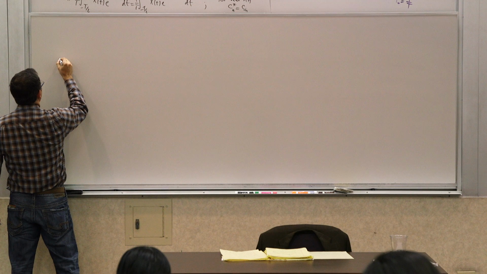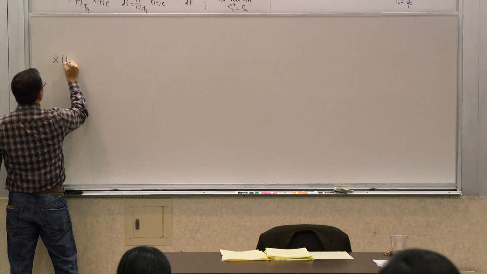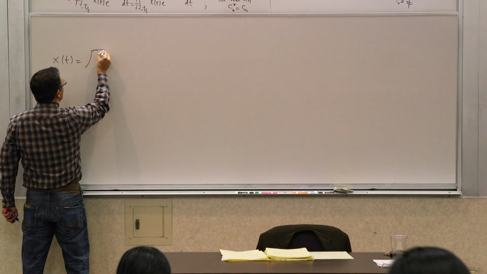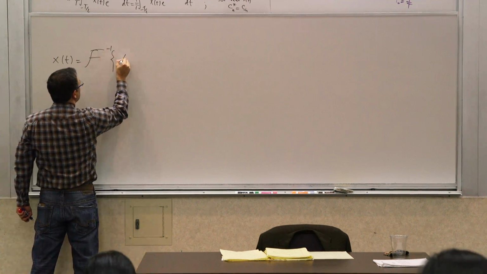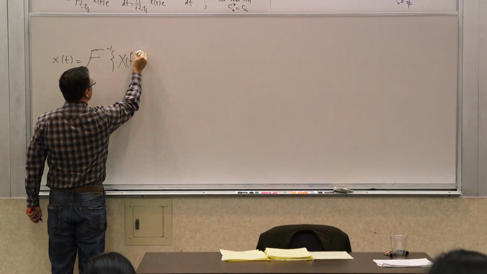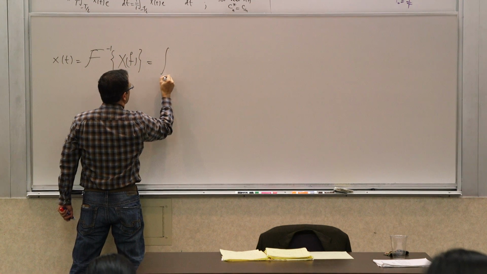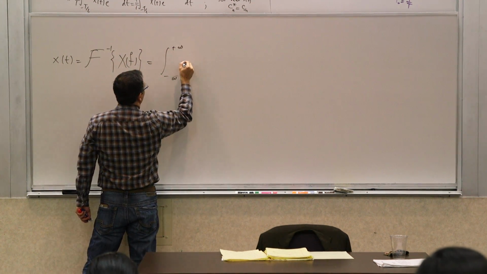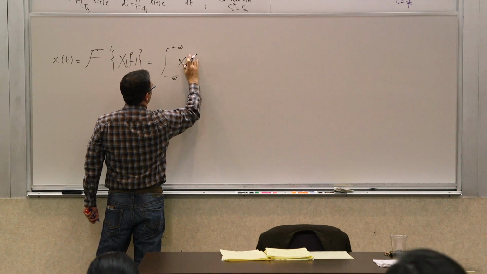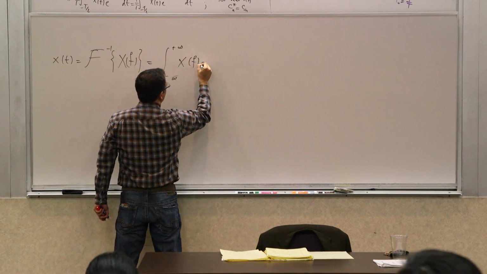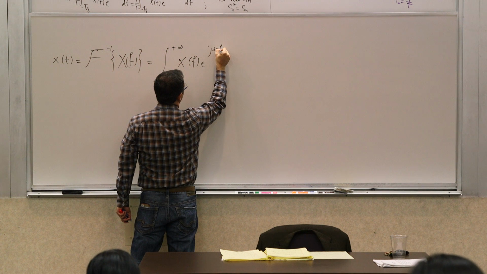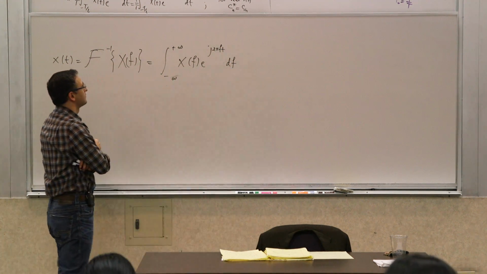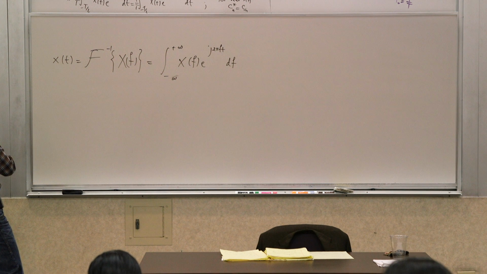So you can construct x of t as the inverse Fourier transform of X of f, where the inverse Fourier transform is defined as the integral of X of f e to the j 2 pi f t df.